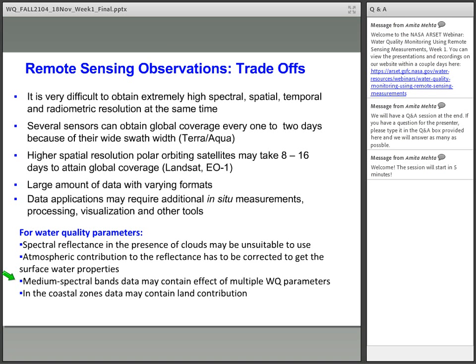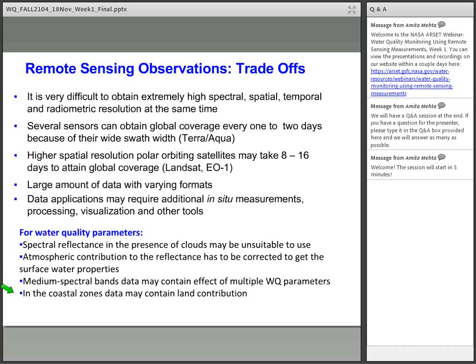There are the spectral bands that we have seen in, say, Landsat and MODIS. They are medium-sized spectral bands, and so they have a combination effect of, say, chlorophyll or turbidity. A number of water quality parameters can contribute to that spectral energy. So to get the water quality parameters, again, sophisticated algorithms have to be developed.